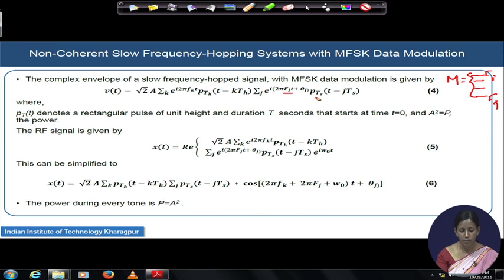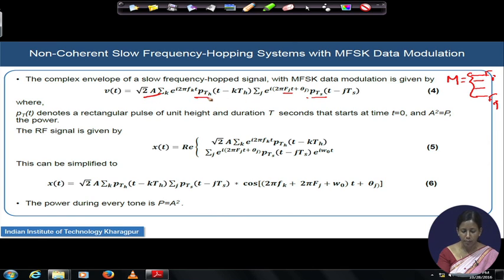Like a direct sequence spread spectrum system, here also we have a rectangular pulse that will be transmitted, which has a unit height. The duration of that pulse is equal to capital T seconds, and the pulse starts at time T0, and hence A squared is the power of the transmitted signal.